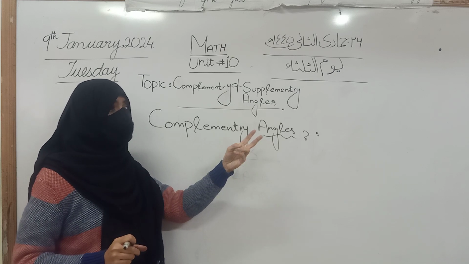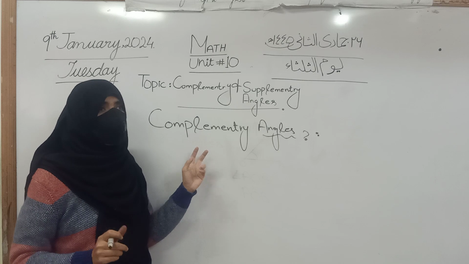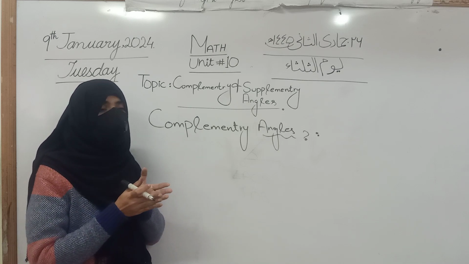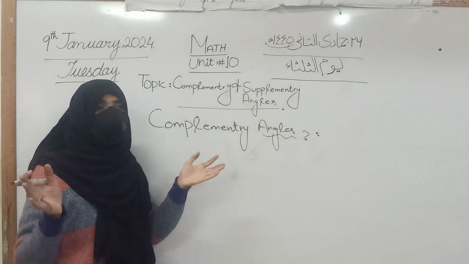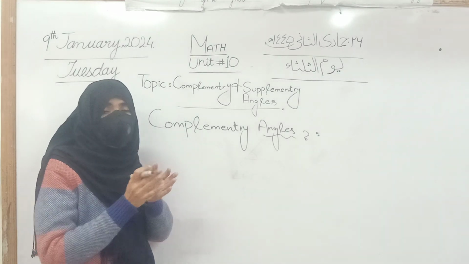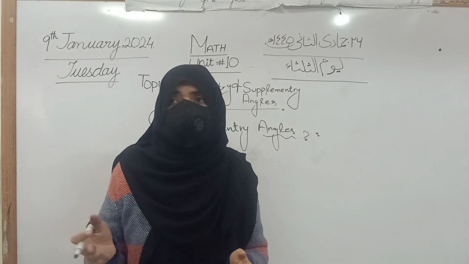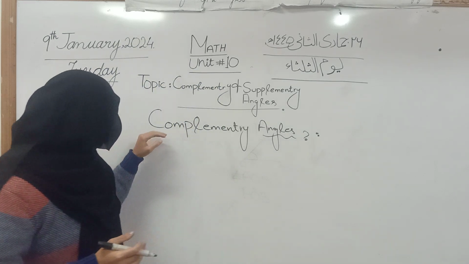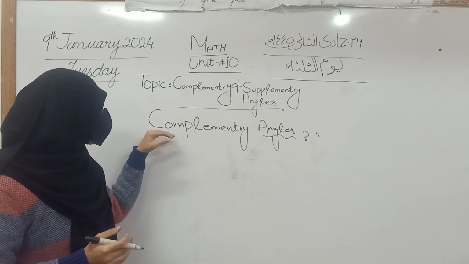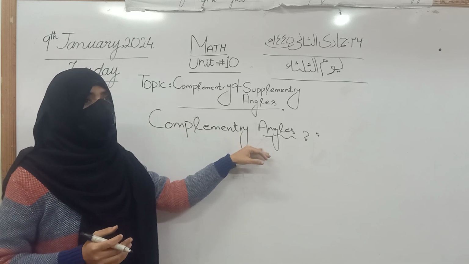What does it mean? If we are adding two angles, or if we are taking the sum of two angles and it equals 90 degrees, then those angles will be known as complementary angles.